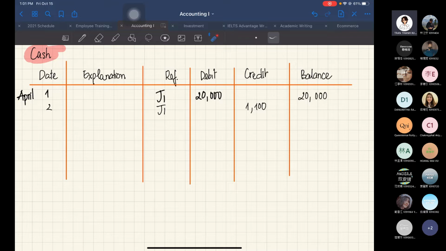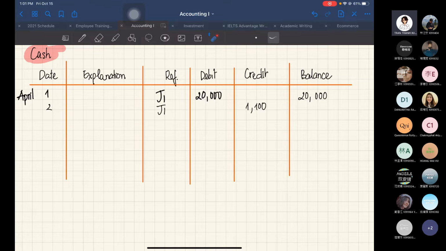Okay, we have here one debit, one credit. So what's the pattern now? You already have 20,000 here, and right now it occurs 1,000.